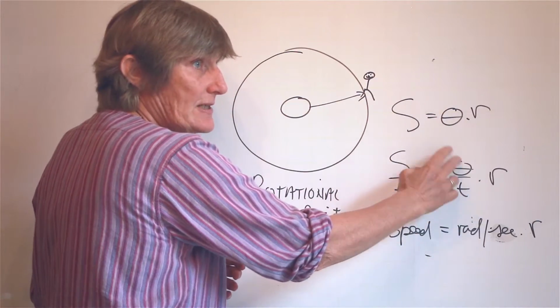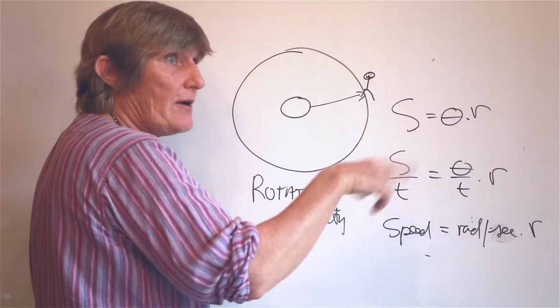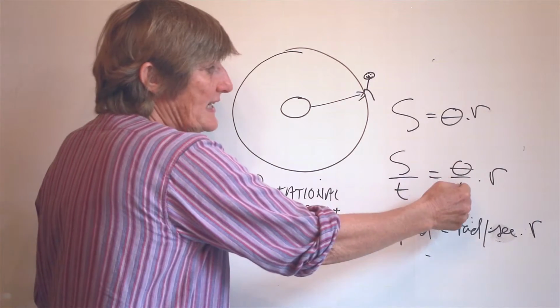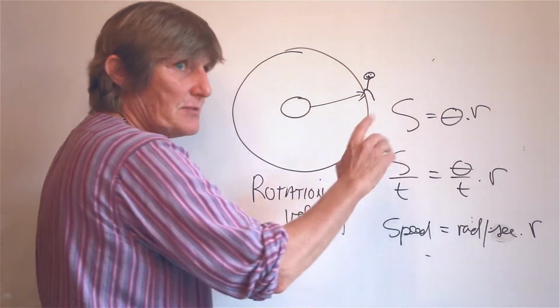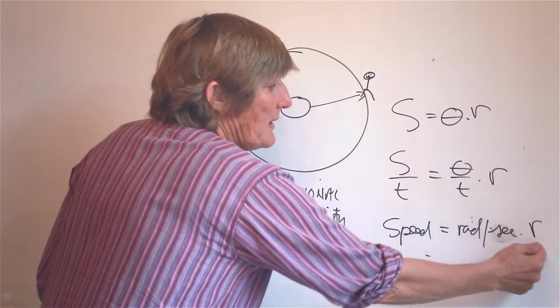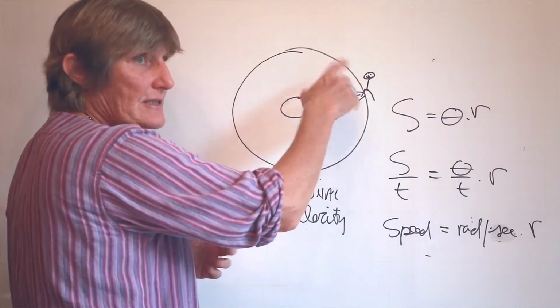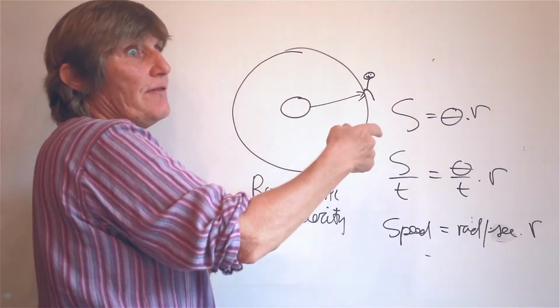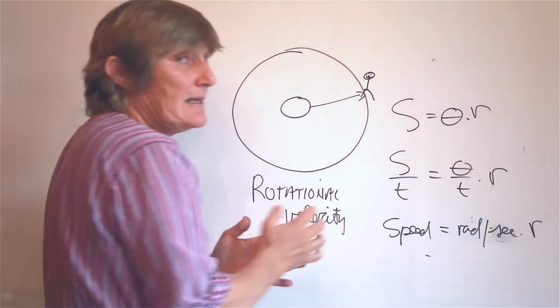Now in mechanical engineering, when you move around in a rotational thing, rotational velocity, then we express it as radians per second, which actually makes quite a lot of sense. So you can see that when your radius is big, that's why you stand on the outside. Some people put a plank there so that it can go really fast, because the speed will then be really fast.